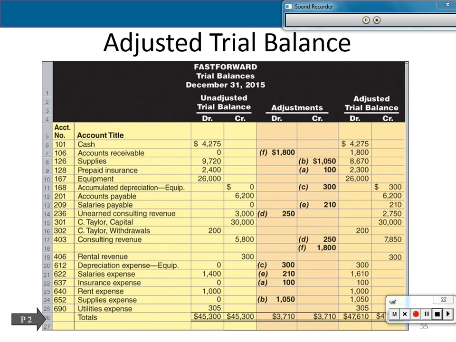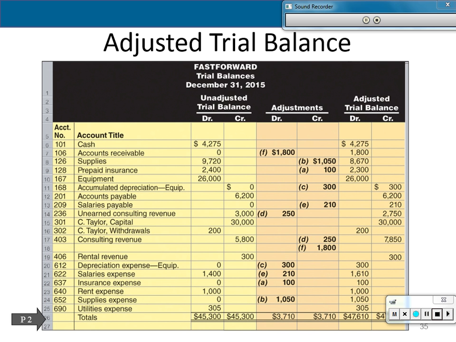The adjustments that you make to things like supplies and prepaid rent, prepaid insurance, those types of things, they go in these columns. Whatever amounts you adjusted for, they go here. And then to get the adjusted trial balance, you take whatever the unadjusted balance was. If there are any adjustments, subtract or add to get the new balance.